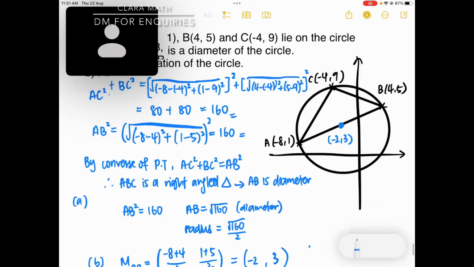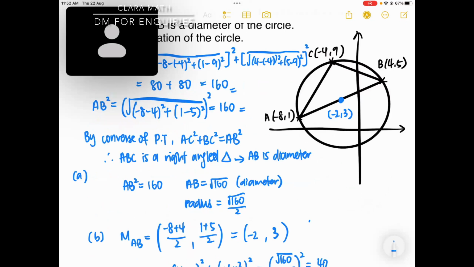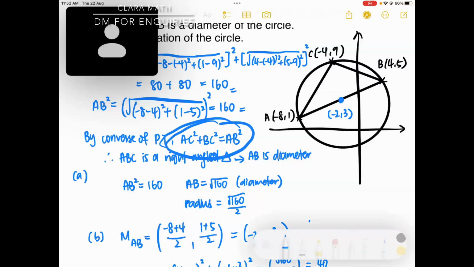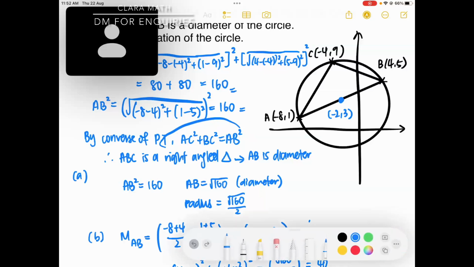Then AB square also, that is the diameter, which we also get 160. So therefore it is the right angle triangle. By converse of Pythagoras theorem, we can write this. You can write them together now because they have proven to be the same value. And then ABC is a right angled triangle, and so therefore AB is the diameter.